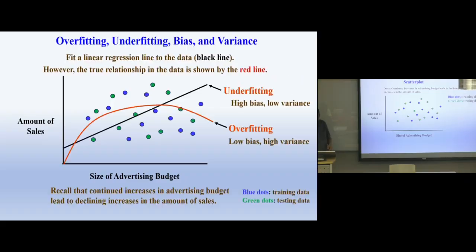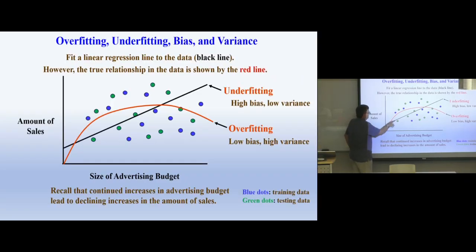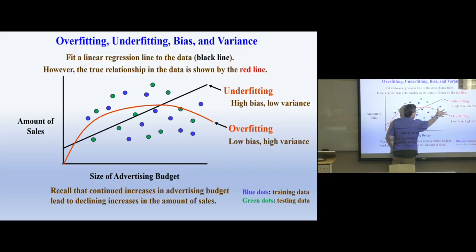Back to the scatter plot. Now, remember, by definition our business problem is, as I add advertising budget, I get to diminishing marginal returns, and the amount of sales increase will start to ease off. So it won't increase as much.